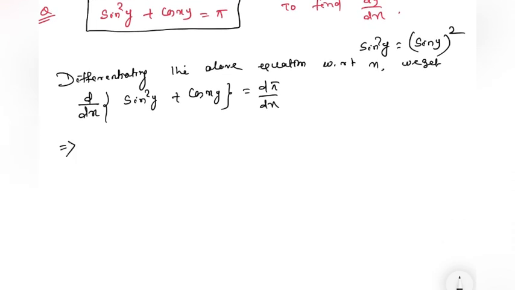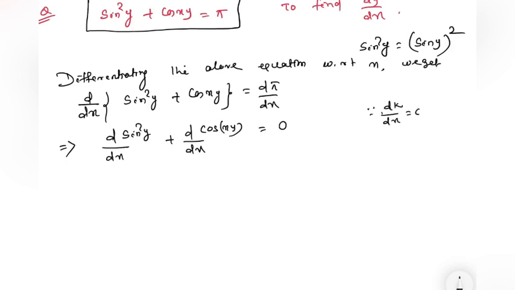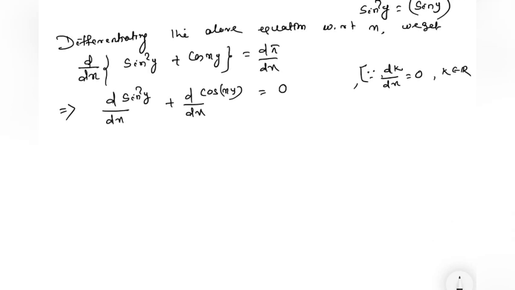Now the derivative of a sum is equal to the sum of their derivatives. So derivative of sin square y plus derivative of cos xy with respect to x, and derivative of pi, you know, is 0, since the derivative of a constant k with respect to x is 0, where k belongs to R and k is a constant.